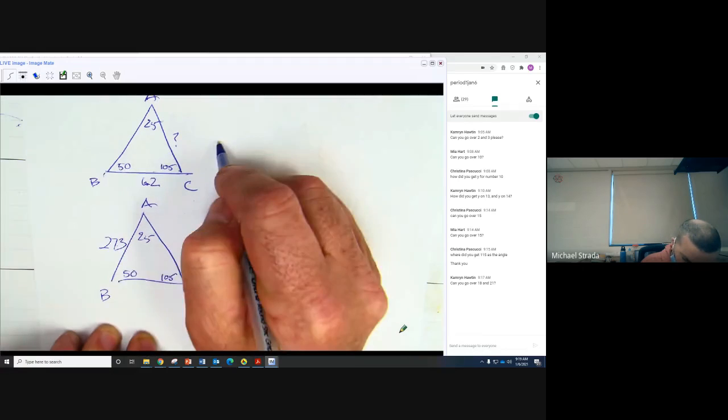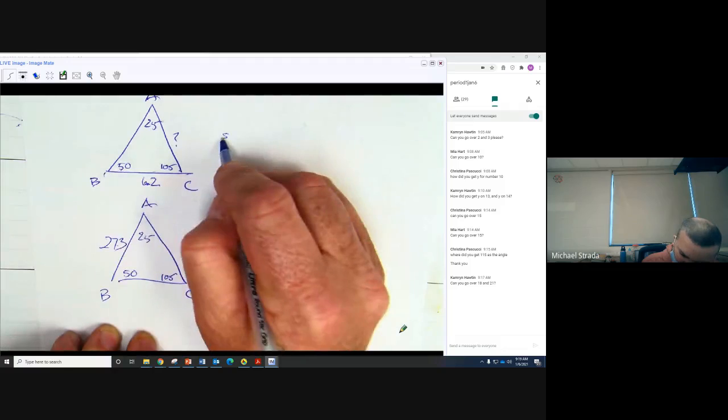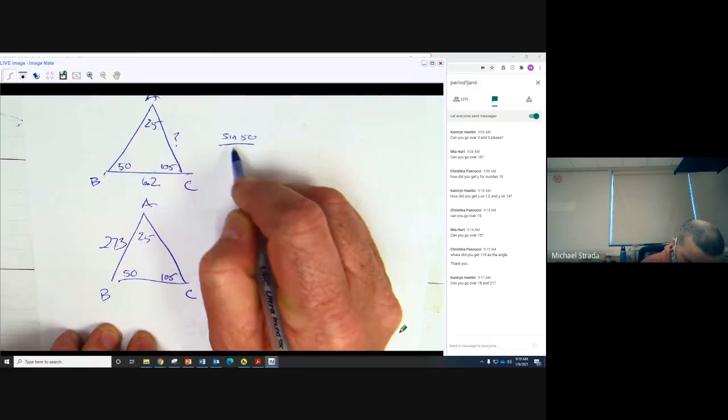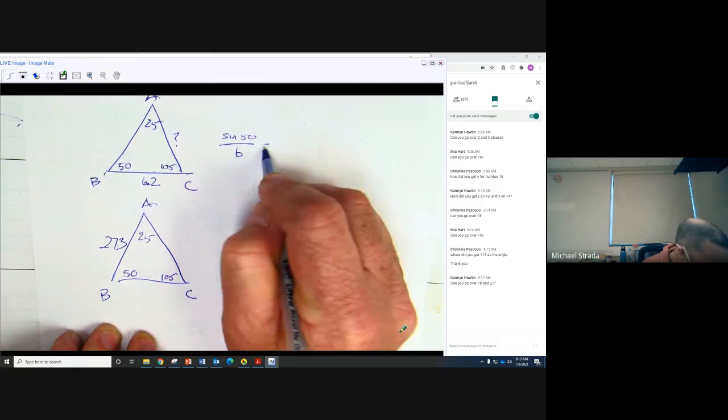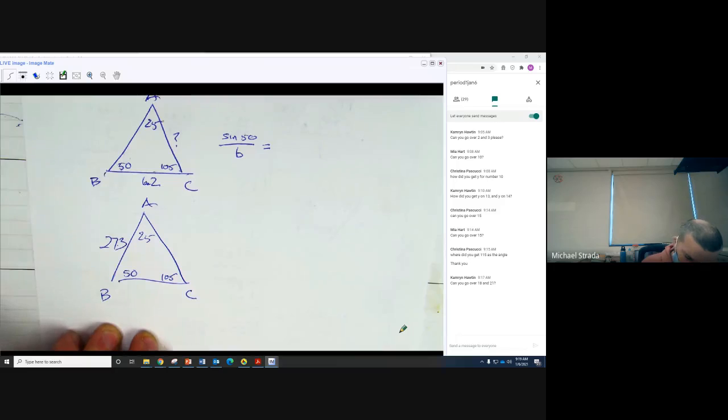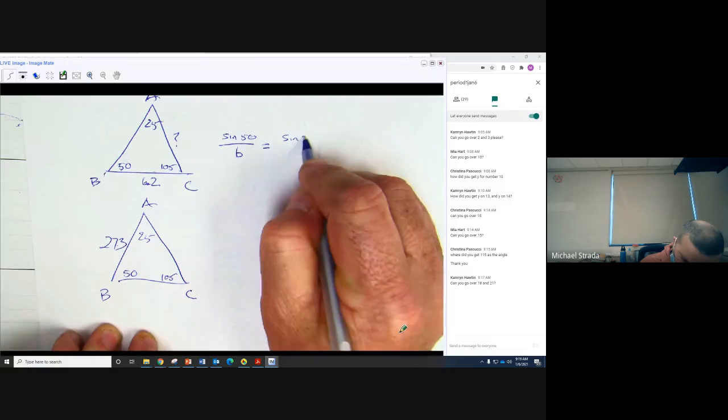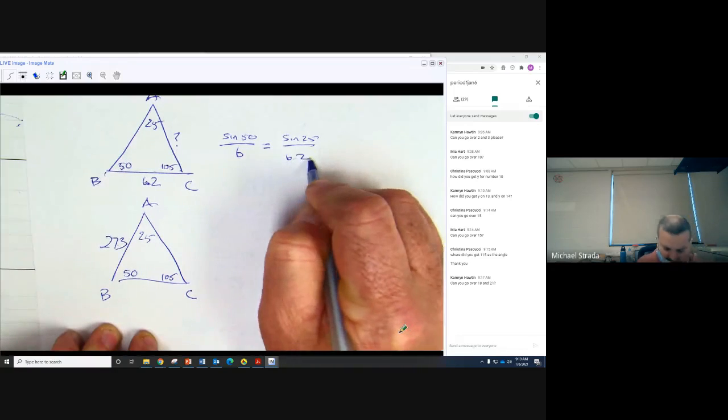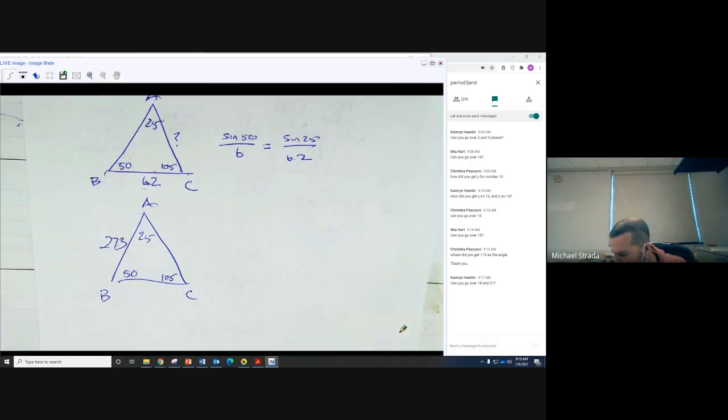Opposite AC is the 50 degrees. So sine 50 over little b, that's what AC is, equals sine 25 over 6.2. That's the one segment they give me in this problem.